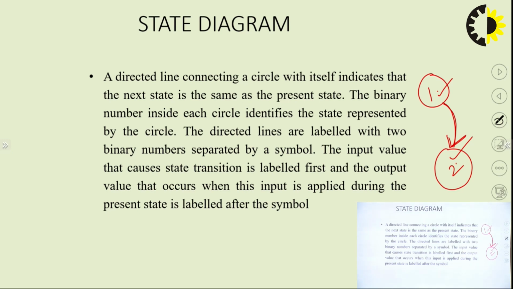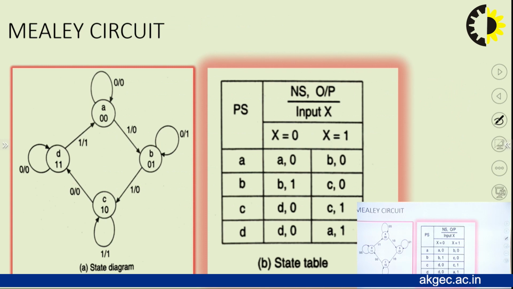The directed line can be labeled with two binary numbers. Let's say I write like this. Here this represents my input and this represents the output. The input value that causes the state transition is labeled first, and the output value that occurs when this input is applied during the present state is labeled after the symbol.